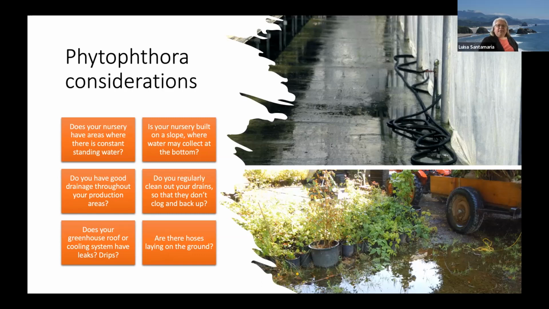Do we have a greenhouse? Do we have some damage in the roof, some leaking, some problems with the cooling system, drips? All of that could accumulate, and at some moment in the long term could cause the spread of some of these pathogens.